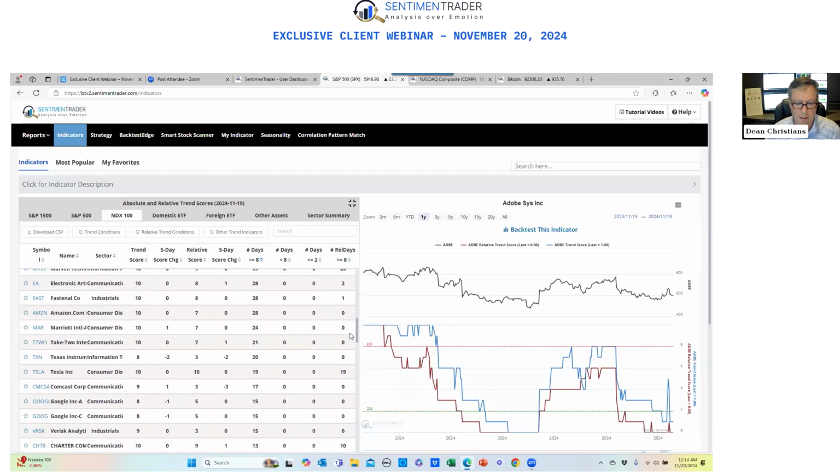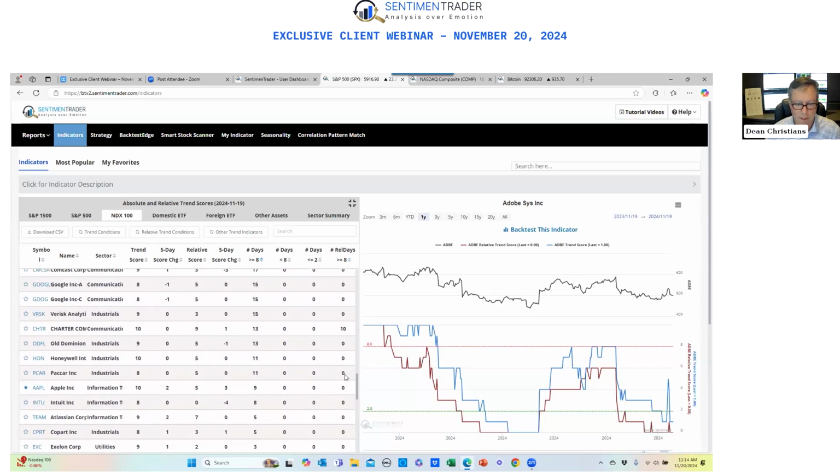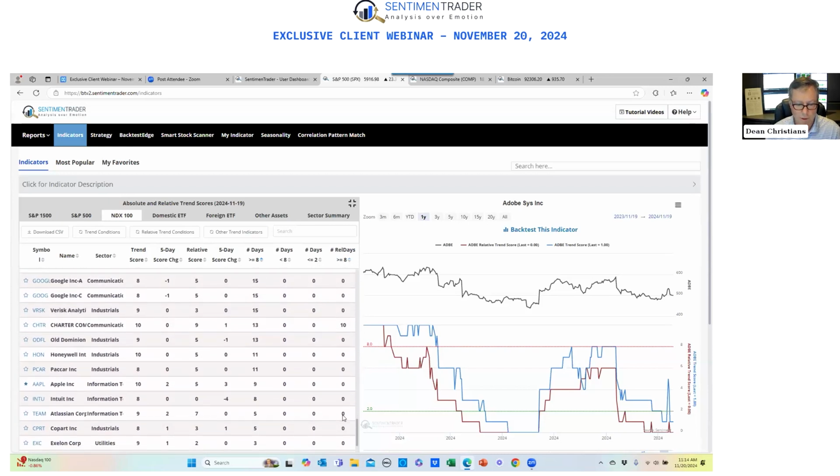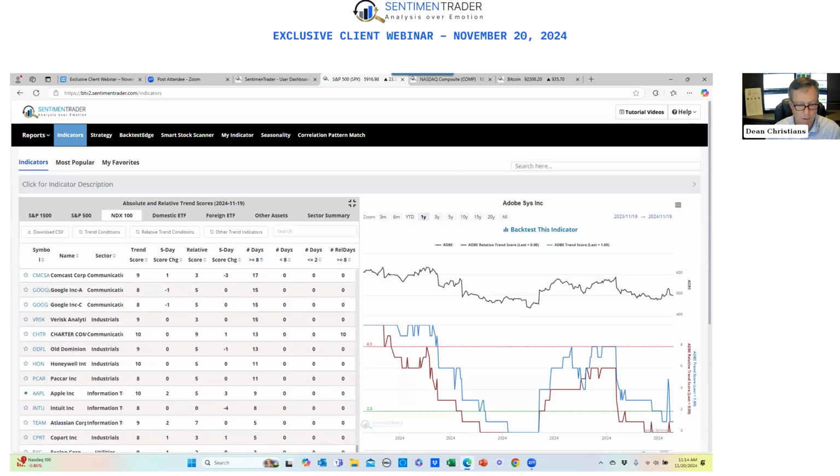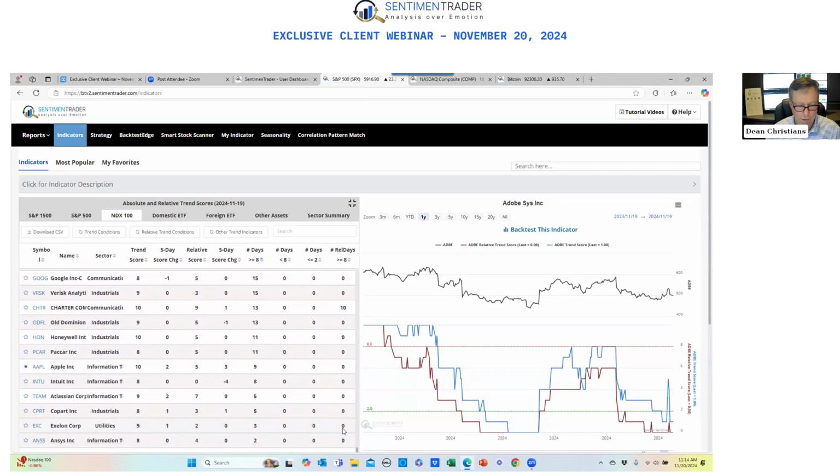And then you can scroll down, and we see Datadog. So Datadog just one day broke above a score of 8. However, what we do see here is its relative trend score is still a 5.